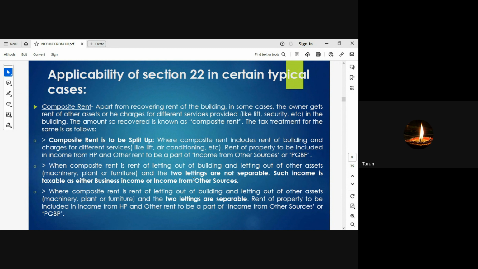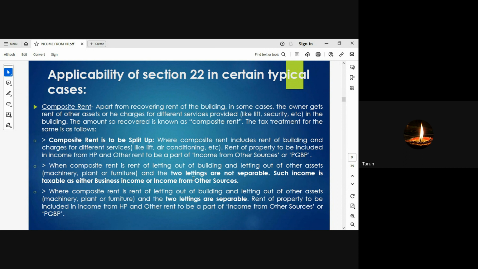So any amount recovered from different services like lift and security related to the buildings, whether residential or commercial, is called composite rent.